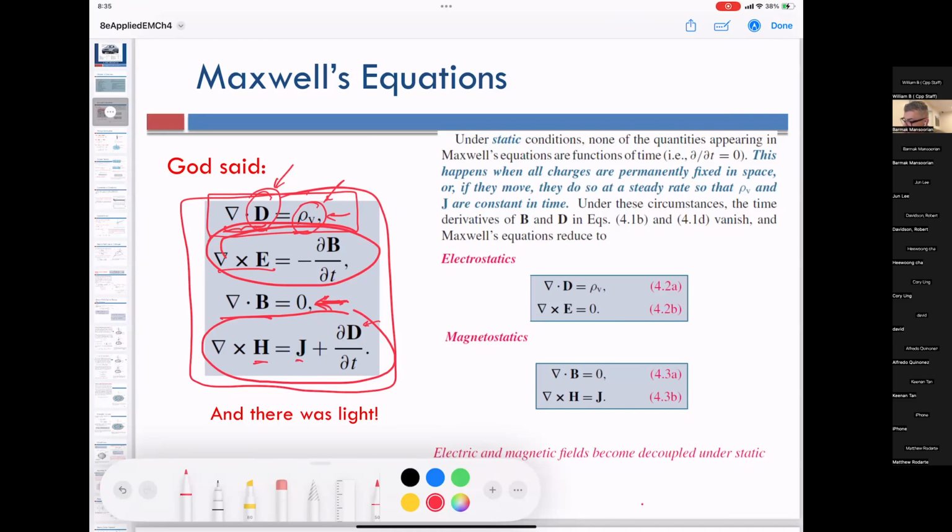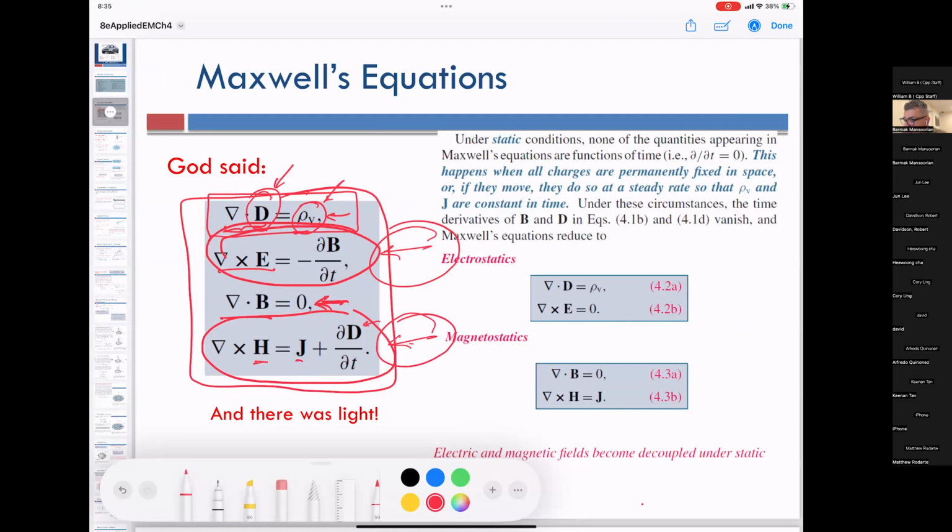Okay. And the other thing that happens in electrostatics is notice that basically there's no relation now between the electric field and the magnetic field. The linkage between the electric and magnetic field were this equation and this equation, these two here and here.